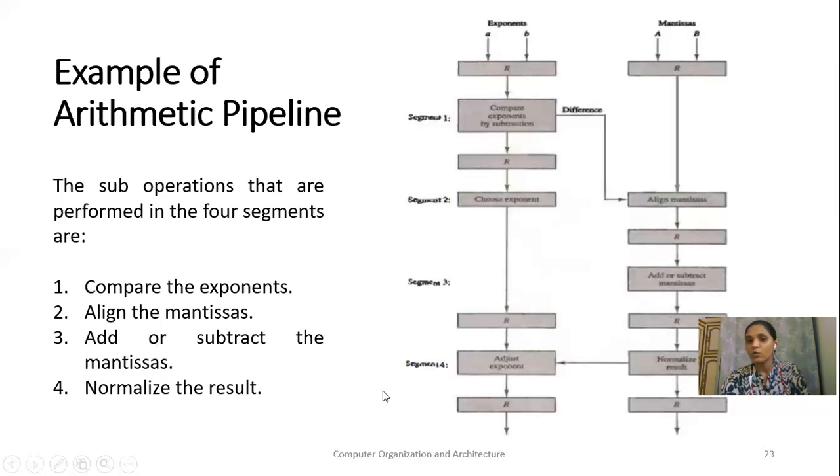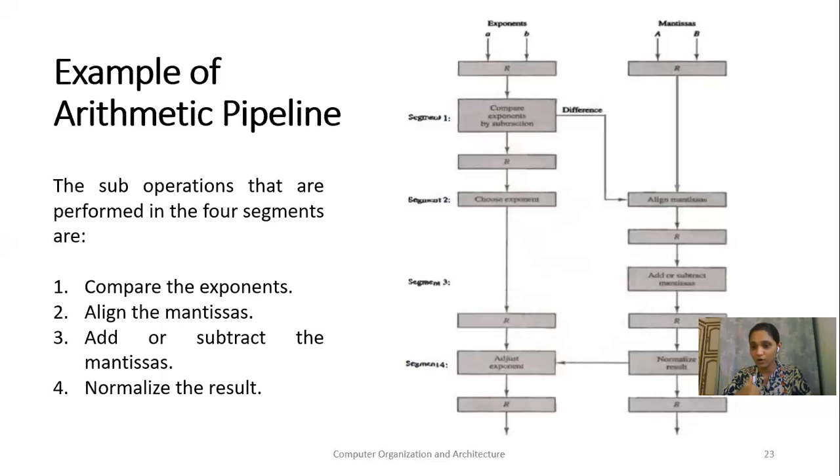Now in the fourth stage, what we require is to normalize the result. How can you normalize the result? By shifting the Mantissa left or right. If there is overflow, then you will shift it to the right side. If there is underflow, then you will shift it to the left side. So your normalized Mantissa is going to be stored over here in R. But while you are normalizing your Mantissa, you have to change the exponent terms also.